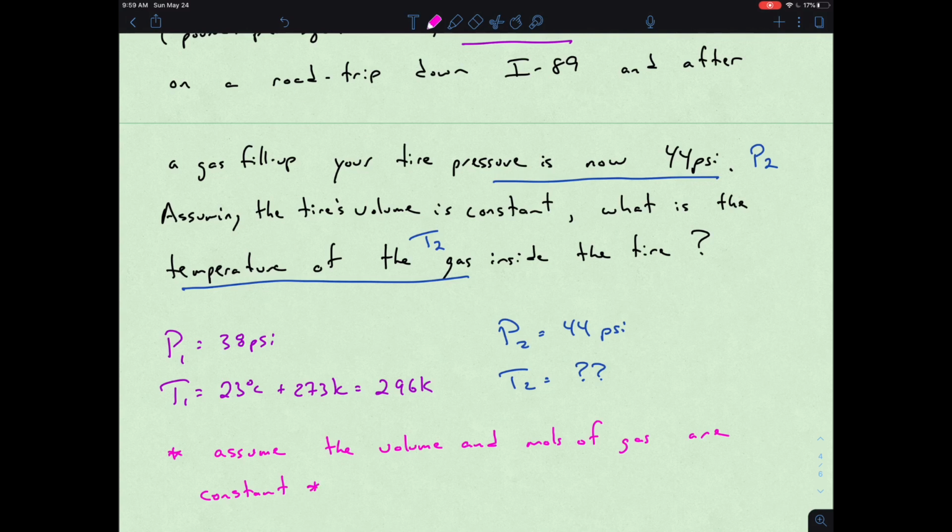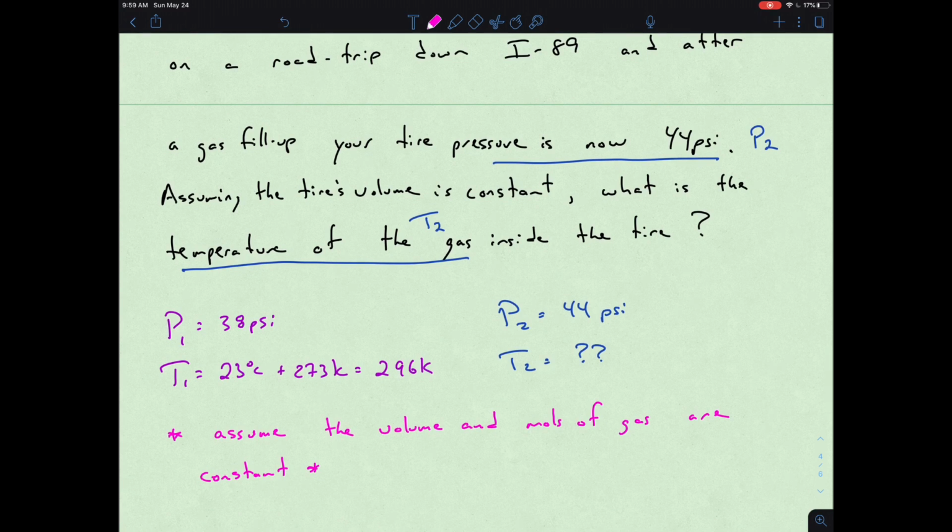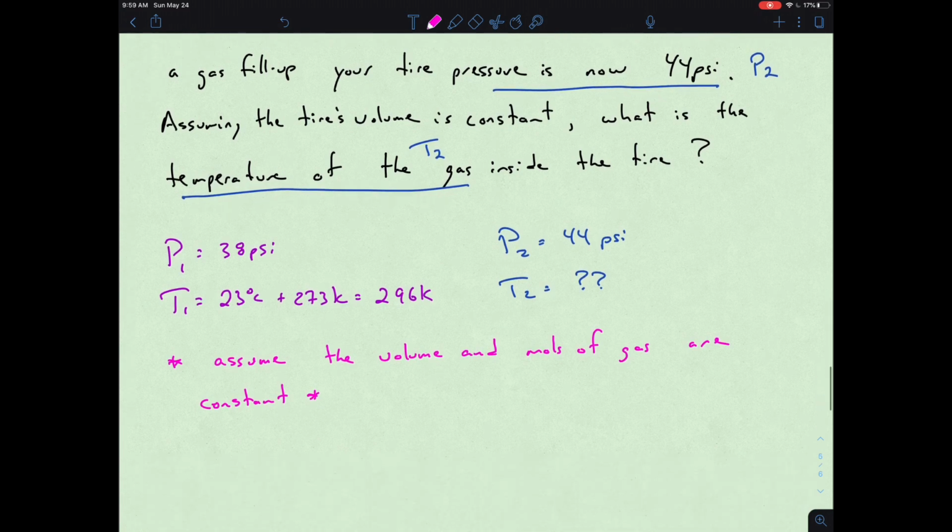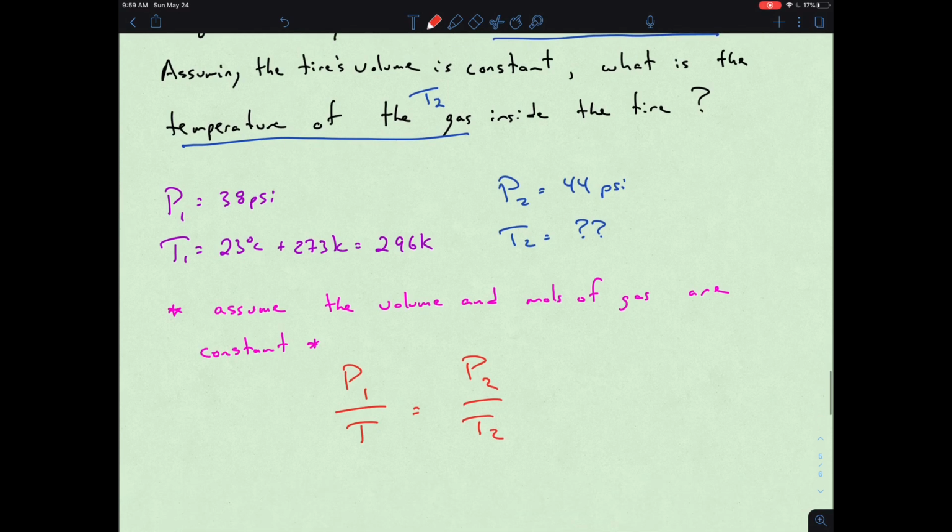Volume is mentioned in the question, but moles is not, so we must assume, since we can't bring extra information into the question, that it must not be important or it must be constant. So that allows us to use that expression for the pressure-temperature relationship.